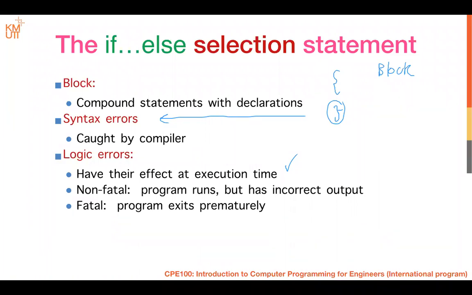Sometimes it's a non-fatal error, where the program runs but incorrect output will be printed, or sometimes it will cause a fatal error, where the program will exit or terminate automatically. So you have to be careful about using the block here. Don't forget to put them together. Okay.